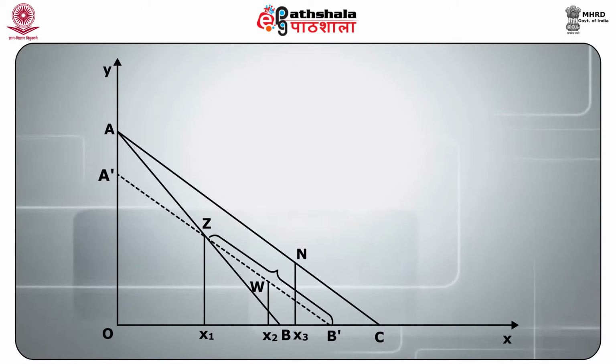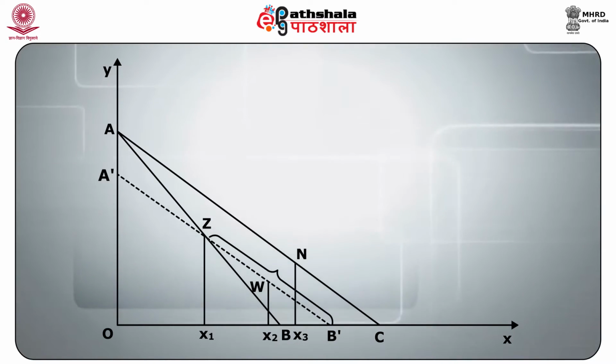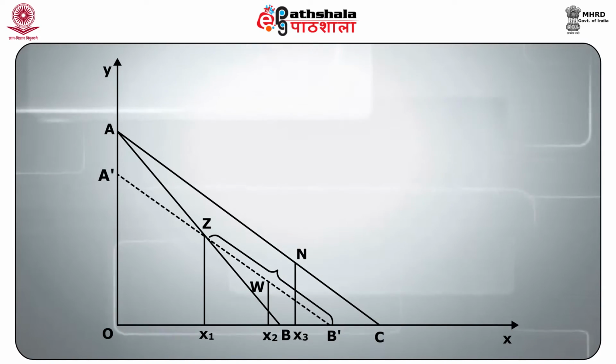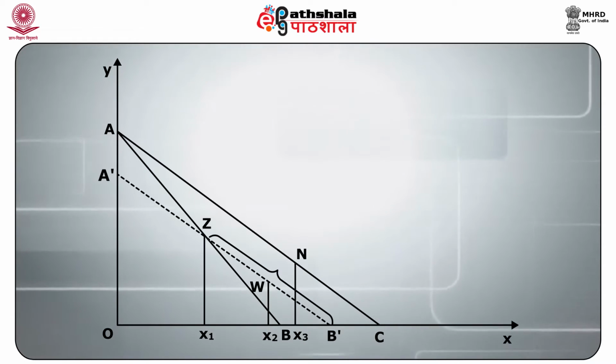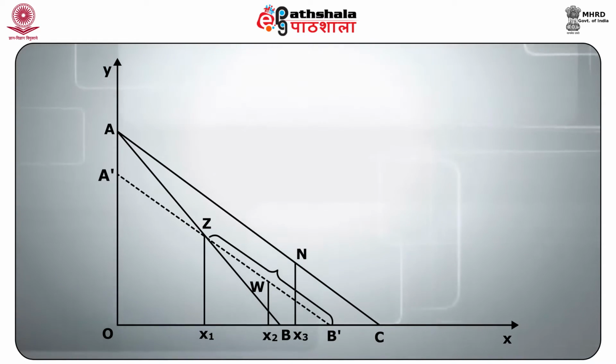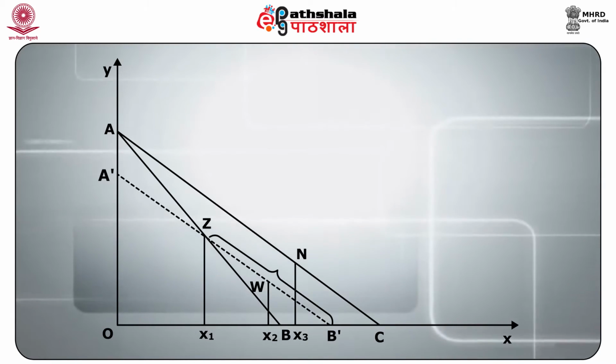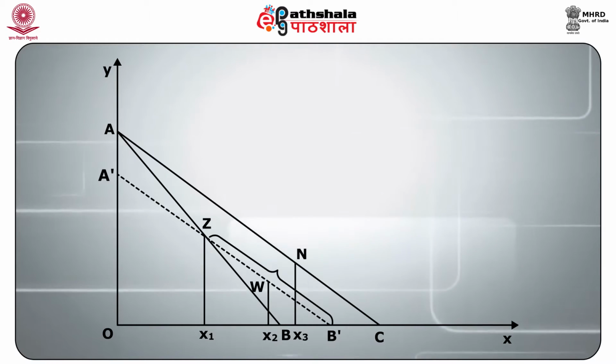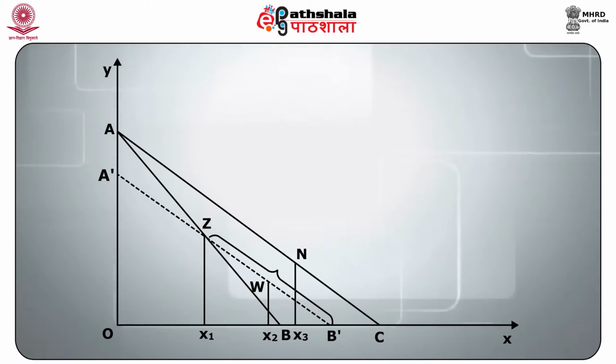And if the budget line has shifted and the price of X is cheaper than before, then there is no reason why the consumer preference should go anywhere in the range to the left of Z, that is between A prime and Z prime on the new budget line.